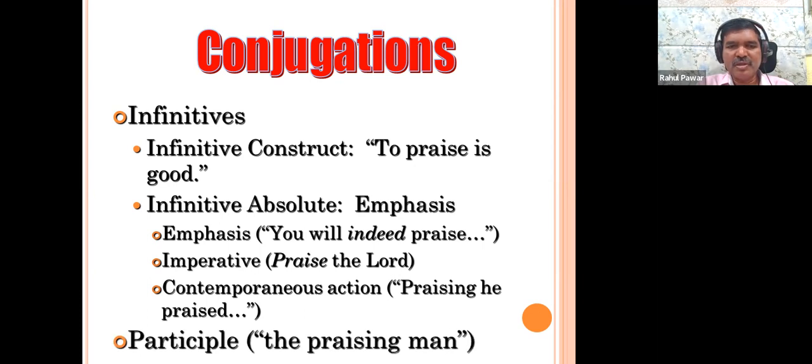And in grammatical part, we are going to look into participle. Participle is action that is continuously going on. The man is praising, that is the ing form of the action, or the praising man.